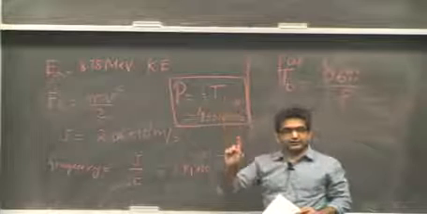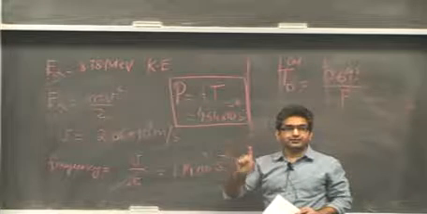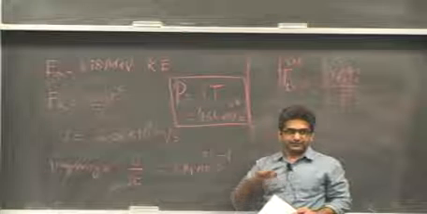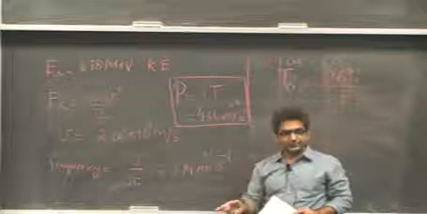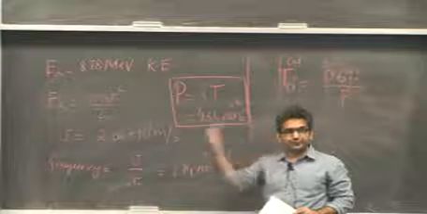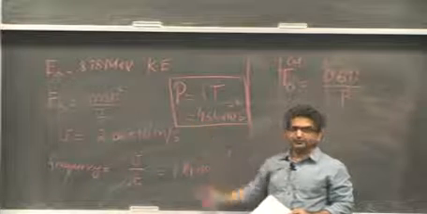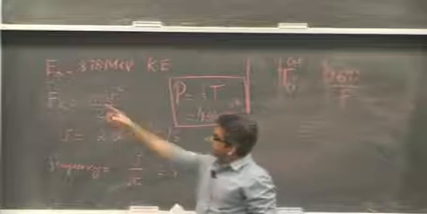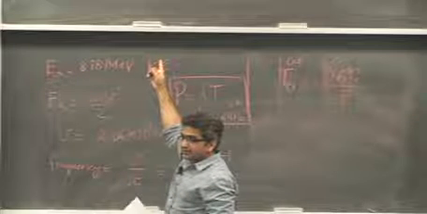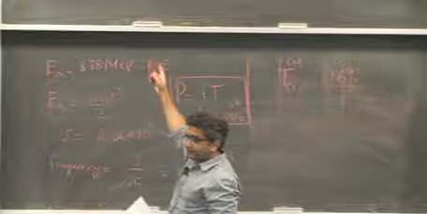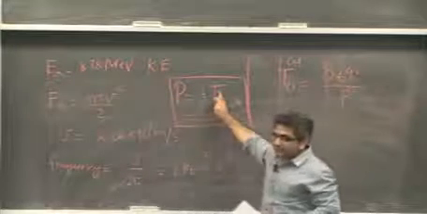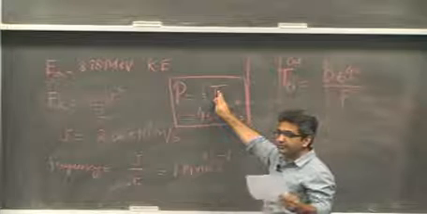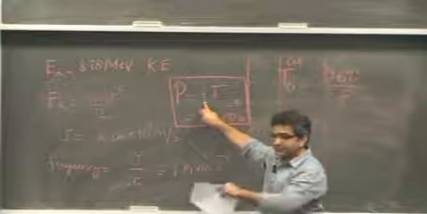F is the frequency, or the number of times it's hitting that wall in unit time. So the probability per unit time would be this frequency times the probability. T is the transmission coefficient that we calculated here. So T is the emission probability, and you multiply it with the frequency with which it is hitting that wall.